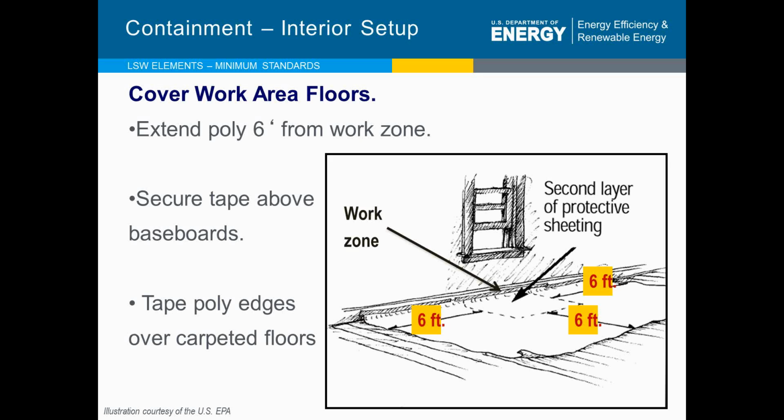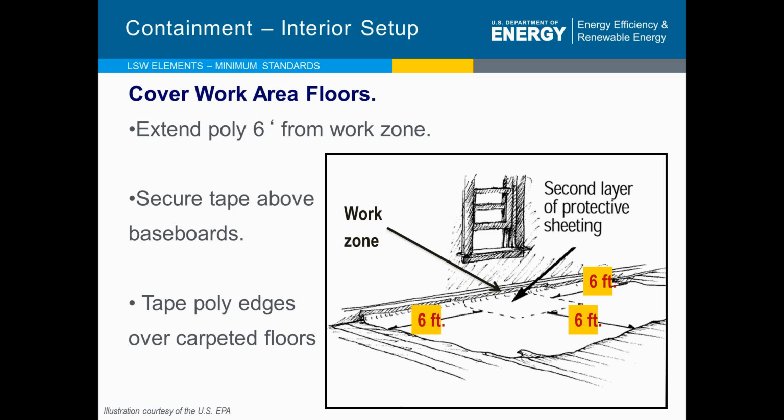As far as a minimum, when we are talking about a minimum amount of containment for level 2 containment, anything greater than 6 square feet per room interior, this is what is required. Okay, extending 6 mil poly from the work zone.